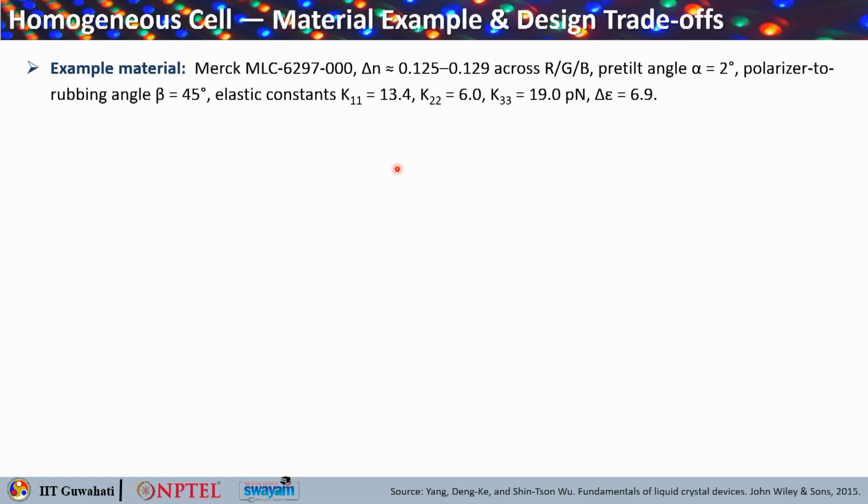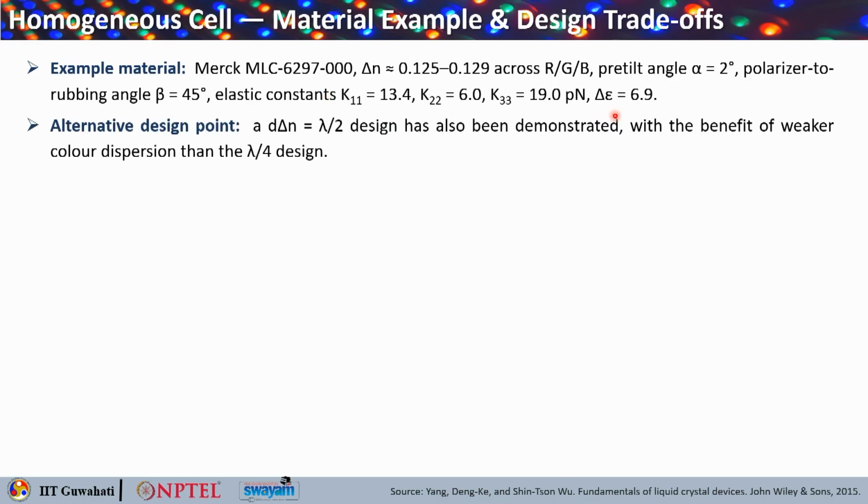So, what are the example materials that can be used? Here you can see that Merck MLC-6297-000, this particular liquid crystal has delta n ranging from 0.125 to 0.129 across RGB, pre-tilt angle alpha equals 2 degrees, and the polarizer to rubbing angle beta is equal to 45 degrees, and the elastic constants K11, K22 and K33 are mentioned here, and delta epsilon is 6.9.